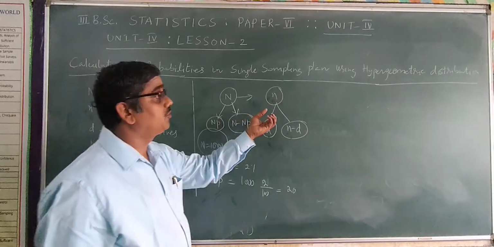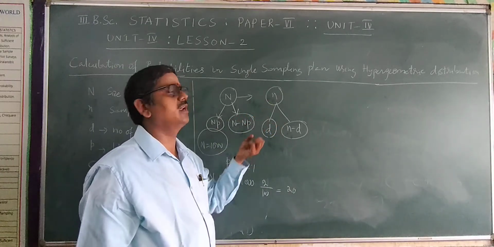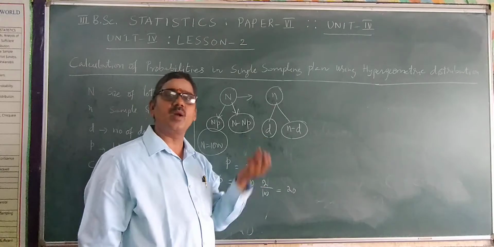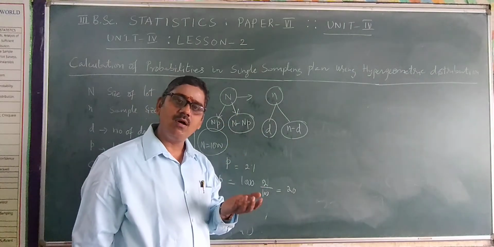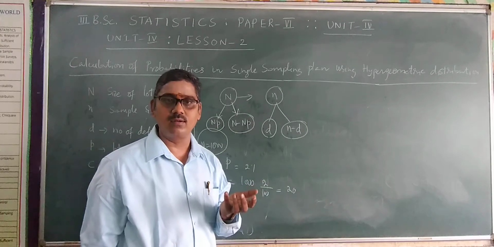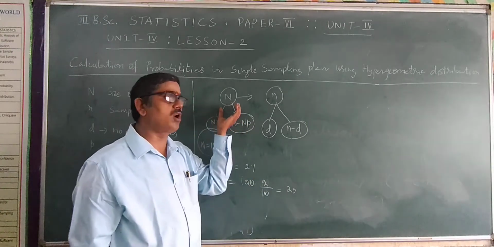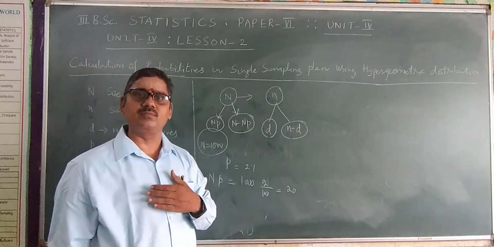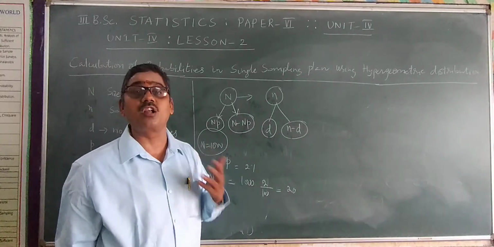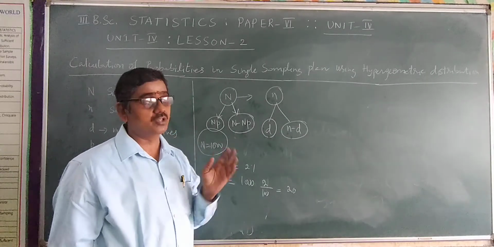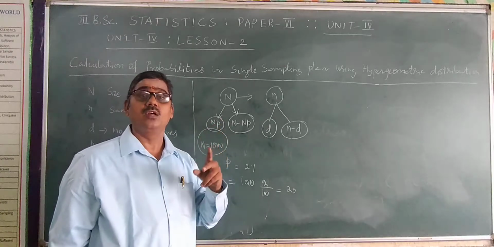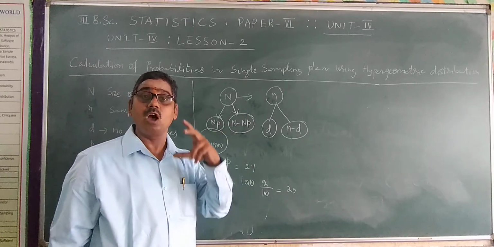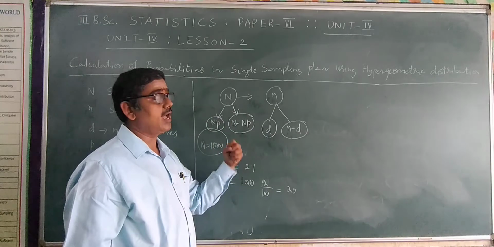If you inspect an item in the sample of size small n, the inspected item may be defective or may be a good one. Similarly, if you take an item from the total number of items in the lot capital N, it may be defective or non-defective. So there are two kinds of possibilities, defectives and non-defectives, which we may observe in either the lot or the sample.